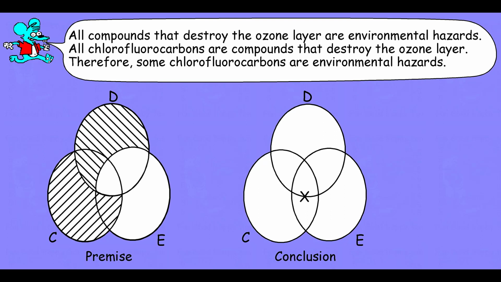I need a member of the C class that is also in the E class, something in that intersection between C and E, in order to guarantee the conclusion is true. I look over at what I get when the premises are true, and there aren't any X's at all in that diagram. So it's possible for the premises to be true without guaranteeing the conclusion is true. So this argument is invalid in Boolean logic.